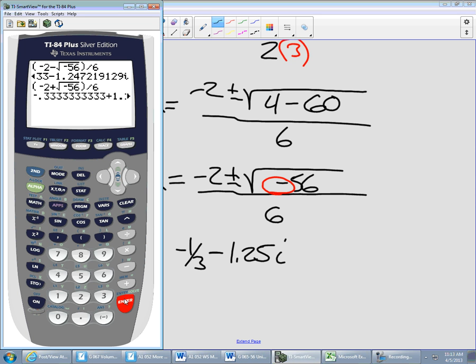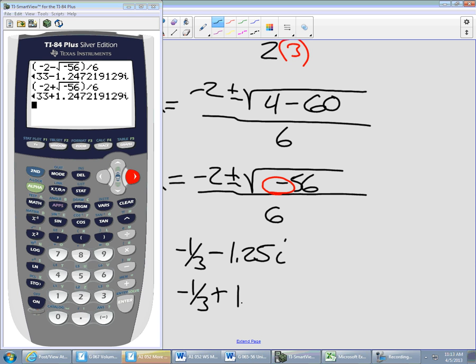Once again, what is this negative 0.333333? Yep, negative 1/3 plus this time. And I bet the decimal is the same down there. We'll check it anyway. Yep, 1.25i.